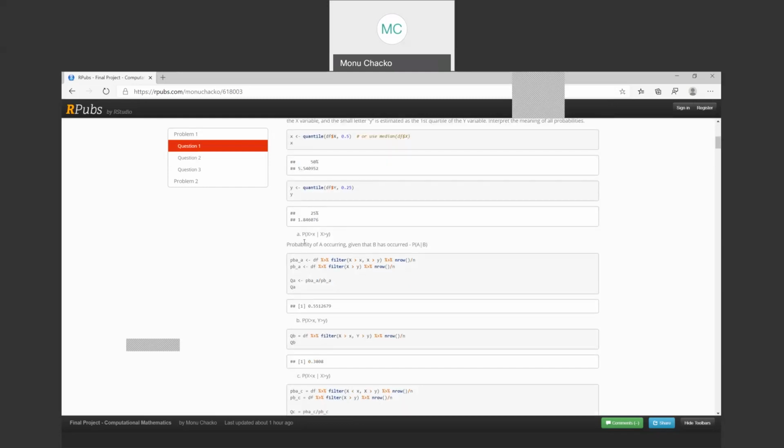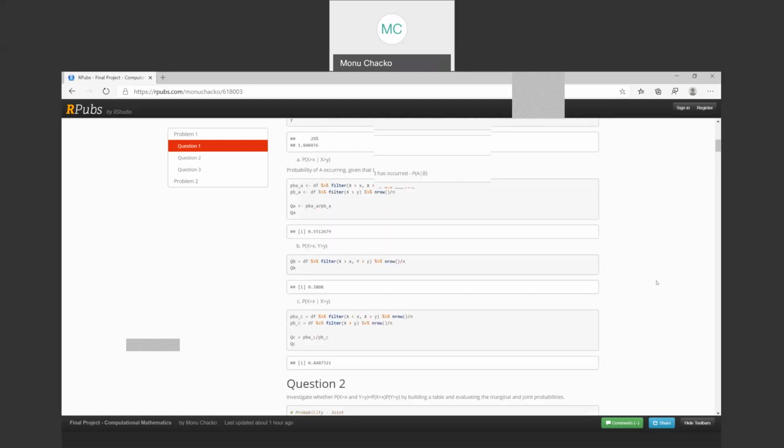Probability of A, given that B has occurred. So we have the values here, obviously, and then we run this function, and then we find that the probability is 0.551 approximately.